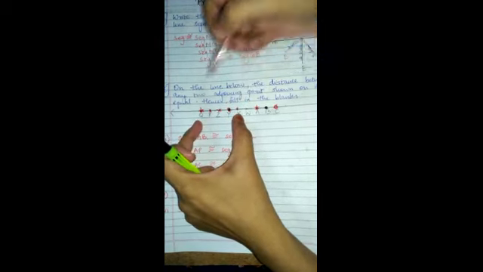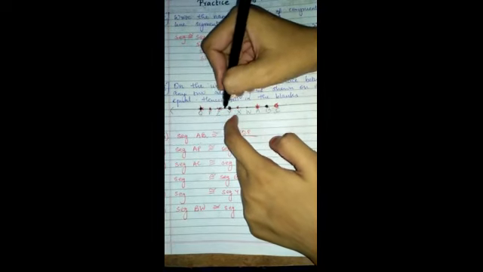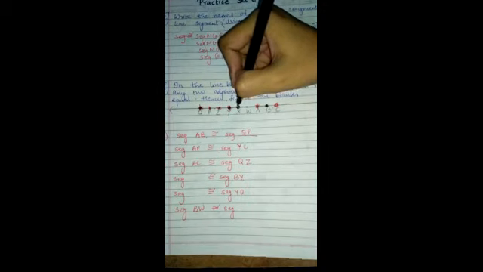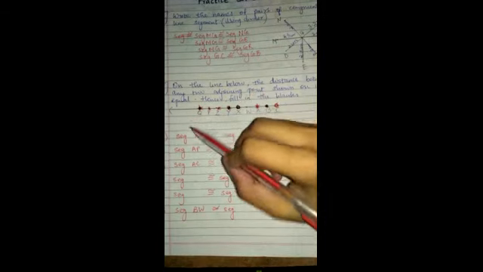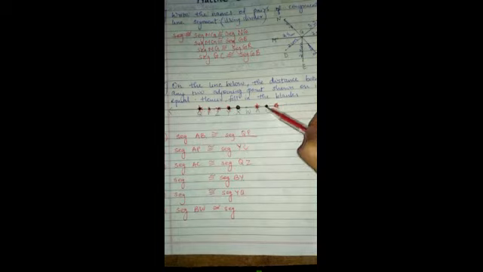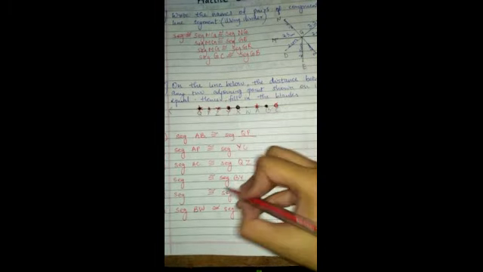So this one, Q, we need about 4 centimeter. So 1, 2, 3, then 4. So what is the answer? QX. Segment BY is congruent to QX.